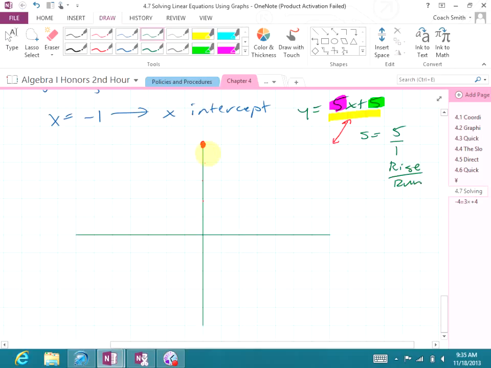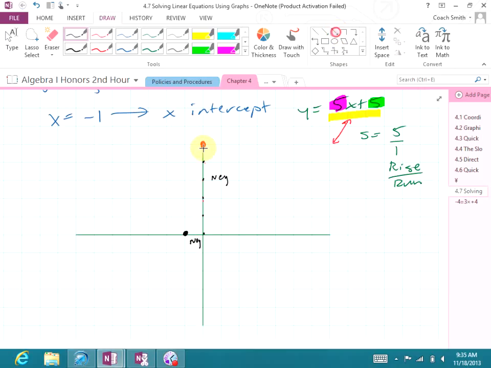Okay, and so that means I've got to go down 1, 2, 3, 4, 5, and over 1. That is correct. But if I'm going down, down is negative, and to the left is negative. That's how we get our positive slope.